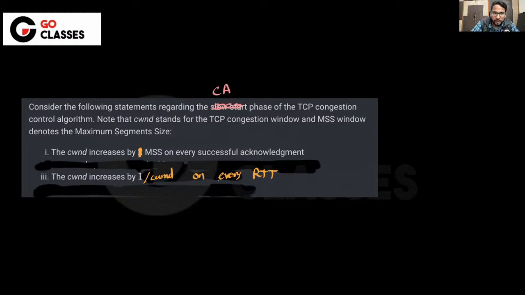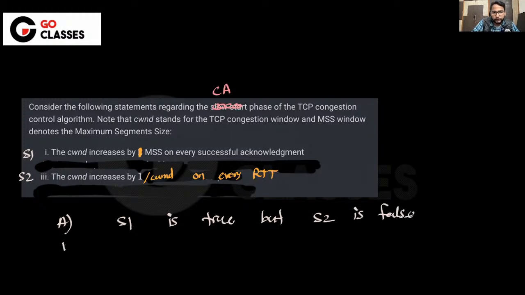This is one of the options. And let's suppose the other says it increases 1 MSS on every ACK. So let's suppose these are the two statements, S1 and S2. So options are: A, S1 is true but S2 is false. B, S1 is false but S2 is true. C, both are true. D, both are false.